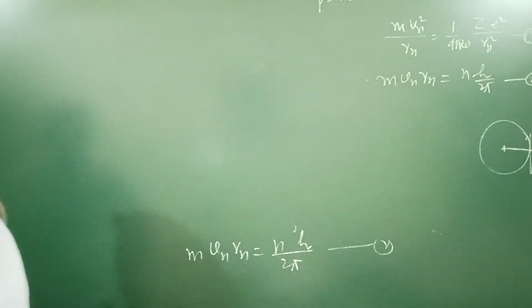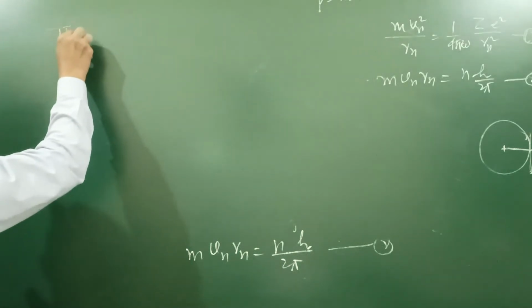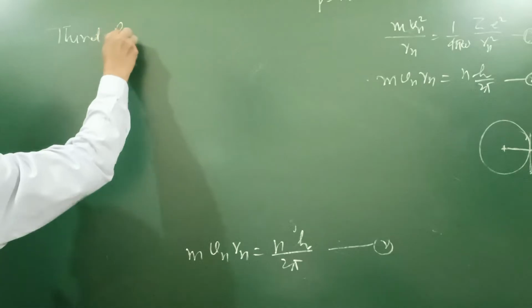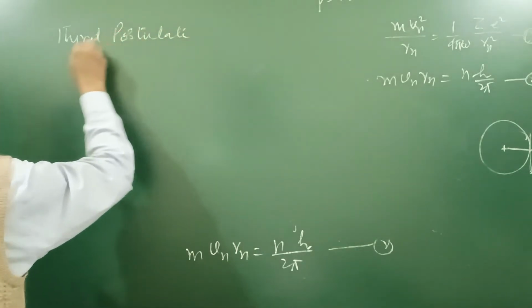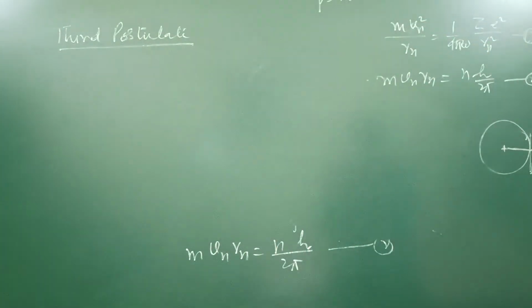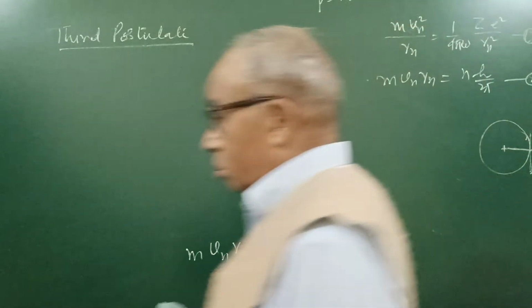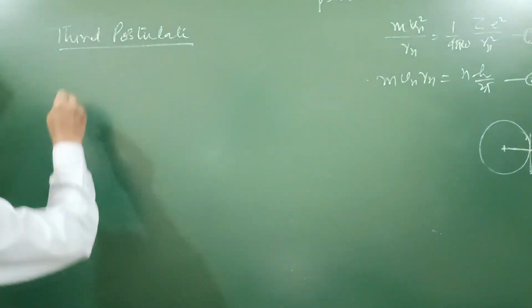Now the third postulate. So now Bohr puts a restriction on the theory of electrodynamics. वो क्या किया उन्होंने?